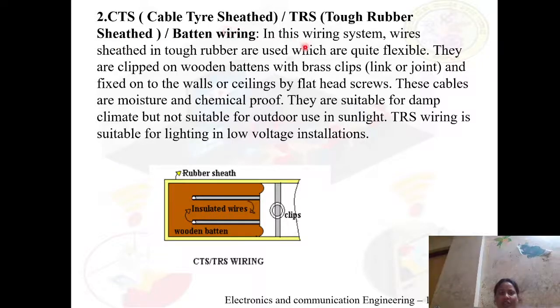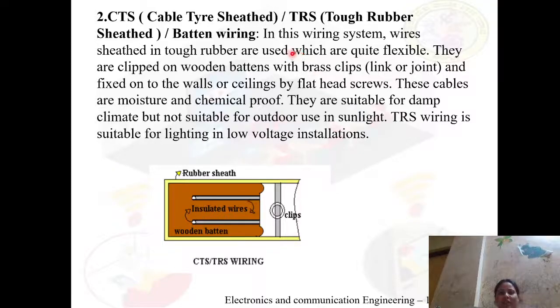The second type is CTS or TRS type, cable tyre sheathed or tough rubber sheathed wiring, or the batten wiring. This is what the structure looks like. It has the rubber sheath, the insulated wires, and the wooden batten.